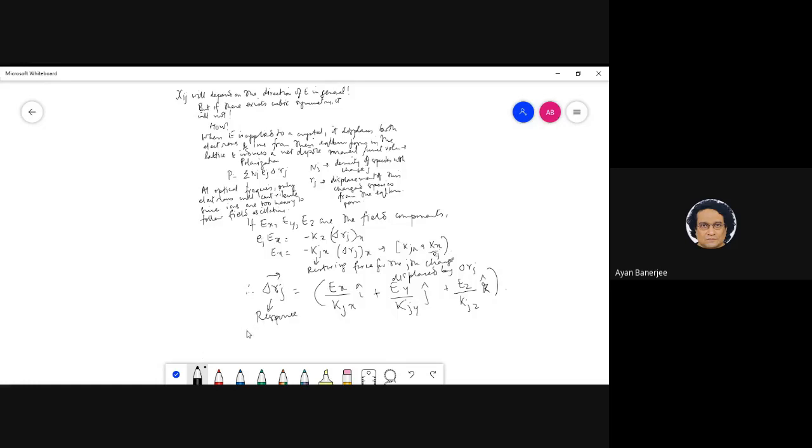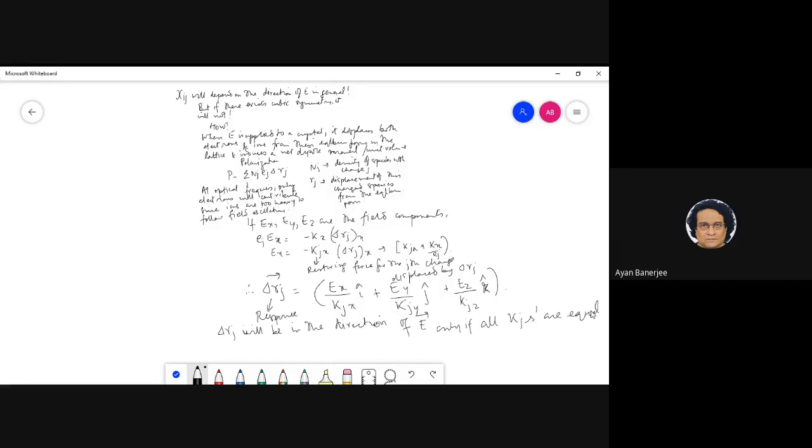So that means that delta Rj will be in the direction of incident E, or parallel to it, only if all Kj's are equal.